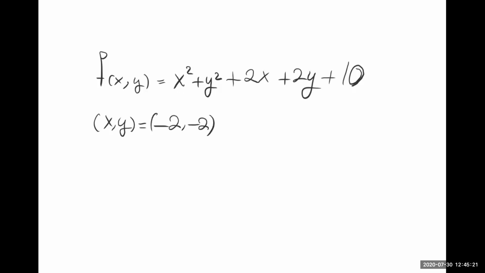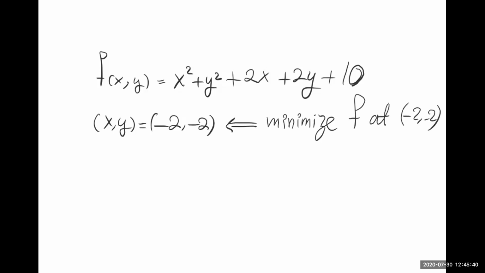That's my claim. Max happens at the point -2, -2. Well, sorry, it's not max. My claim is wrong. Actually, you would minimize f at that point, at -2, -2. So I claim the minimum of f happens at -2.